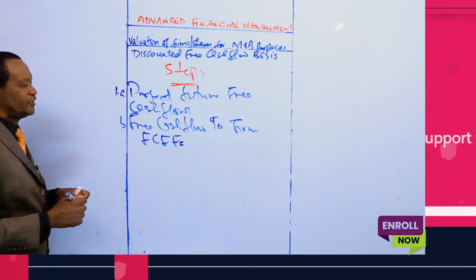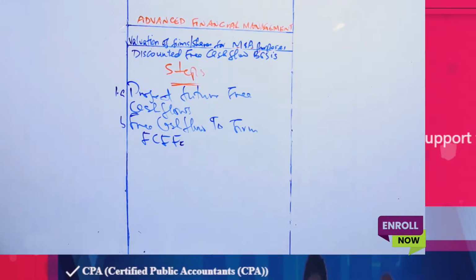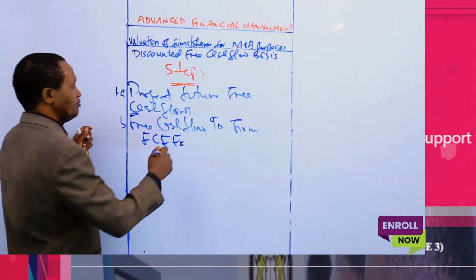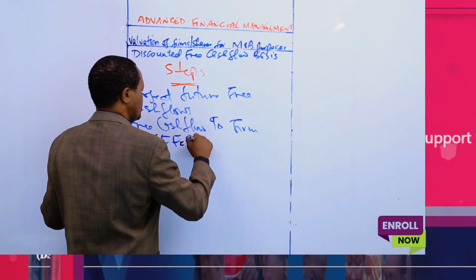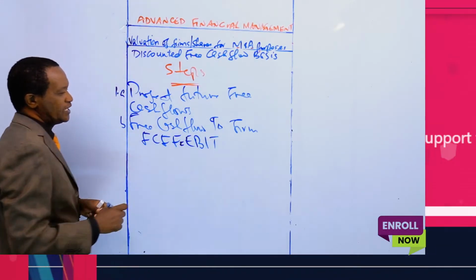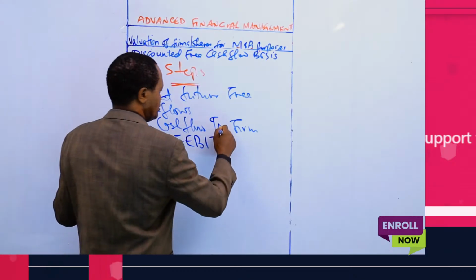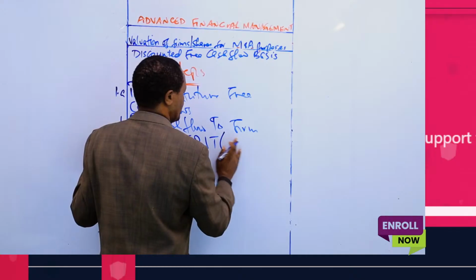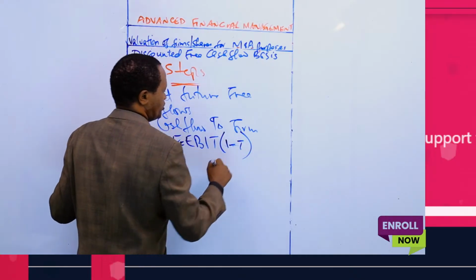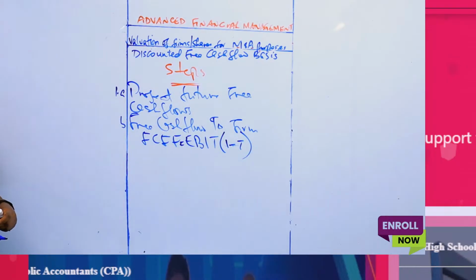Now, to calculate the free cash flow to firm, first of all, we have the earnings before interest and tax. You take the EBIT, earnings before interest and tax, multiply by 1 minus T, the corporation tax rate.